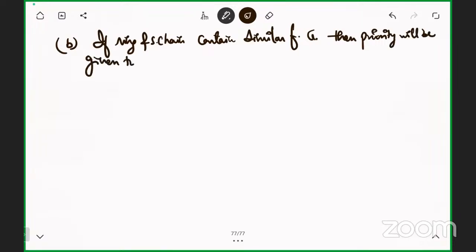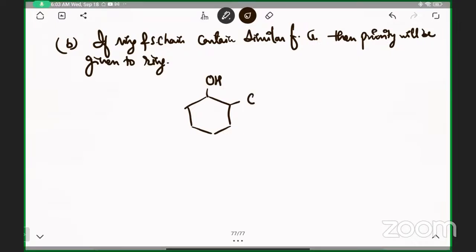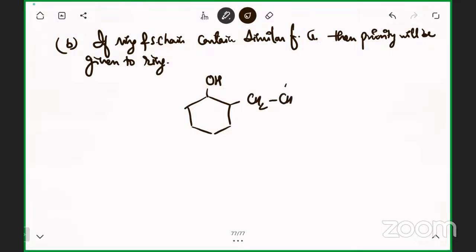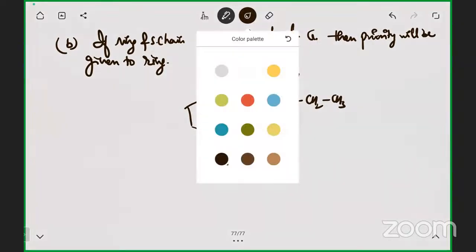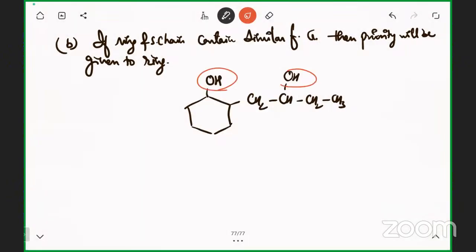Priority will be given to ring. Last example for today's class. Benzene, cyclohexane. Over it I'm writing CH2, CH, then OH, CH2, CH3. So, see, both contain the OH group.